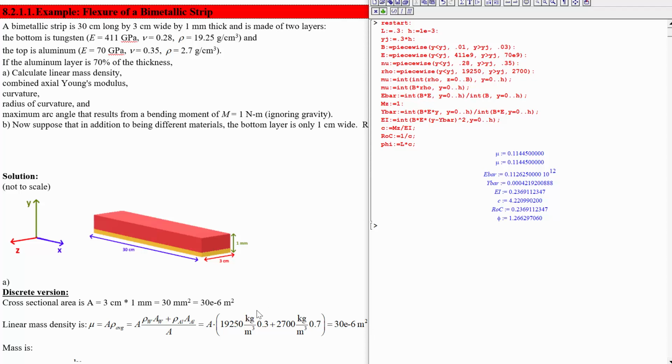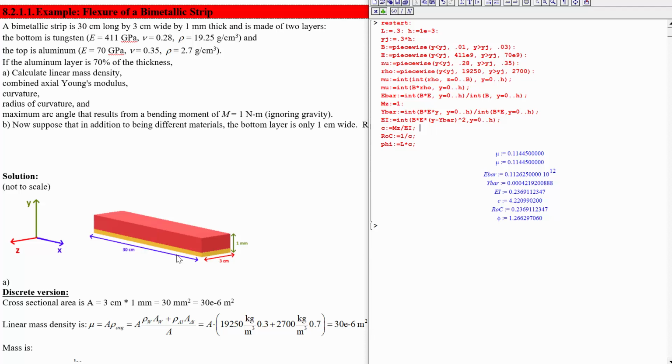First of all, what's the prediction that we think about this? If the tungsten is less thick or less wide, then the average Y position should move up. It shouldn't be this 0.292. Yeah, it's 0.42 millimeters, much closer to the center of this beam, much closer to the center of the aluminum, because the tungsten, although it's a lot stiffer, has less area now.